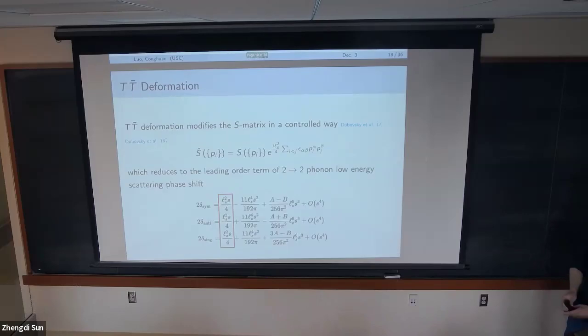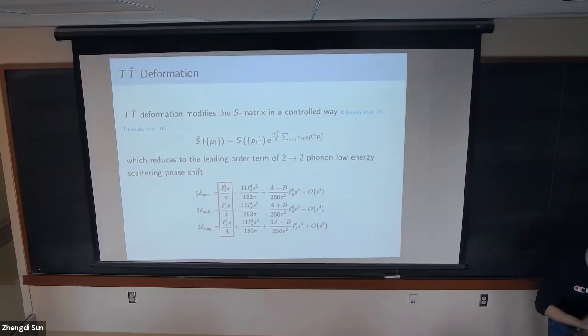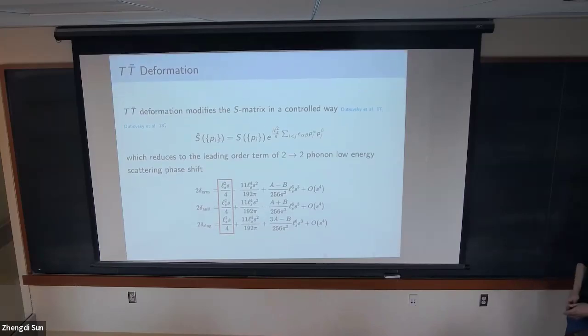And the reason why the TT-bar deformation is related to thermodynamic Bethe ansatz is because another way to understand the TT-bar deformation is to look at the flat space S matrix, the S matrix of a 2D QFT.